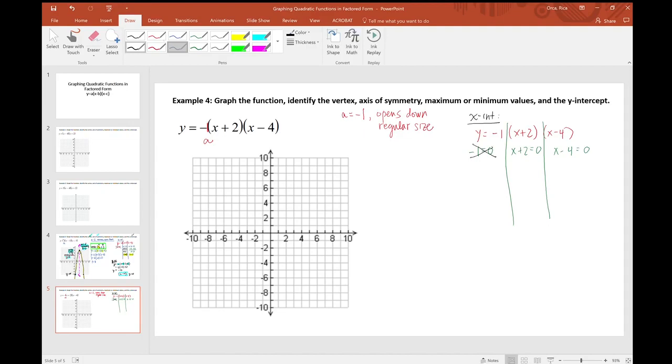In our second equation, we have x plus 2 equals 0. If we were to solve for x, we would subtract 2 to both sides, and x would equal -2. So our first point is at -2, 0.